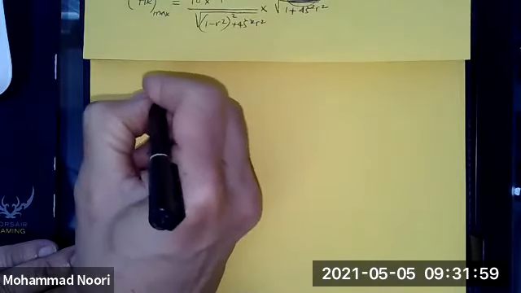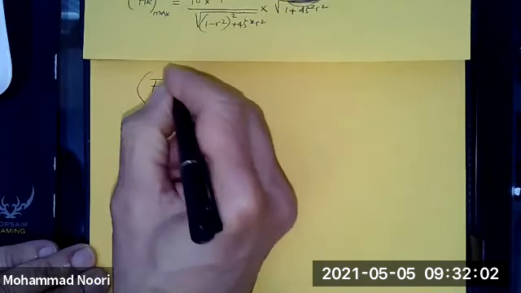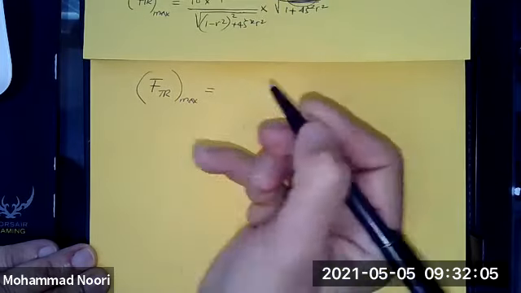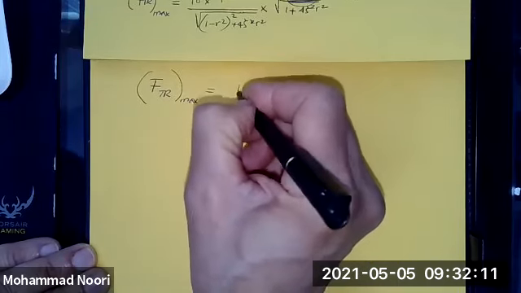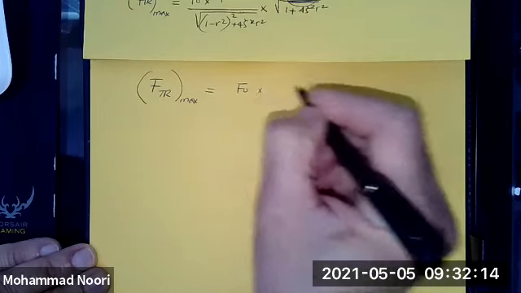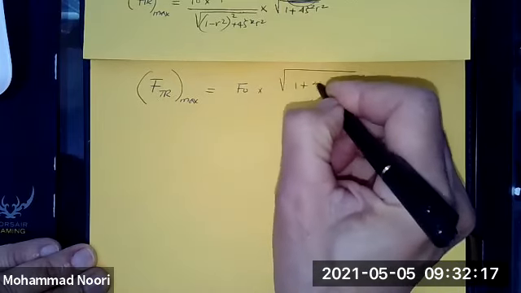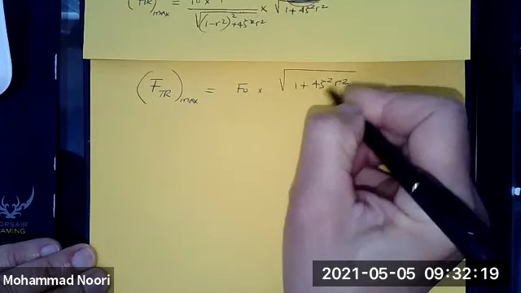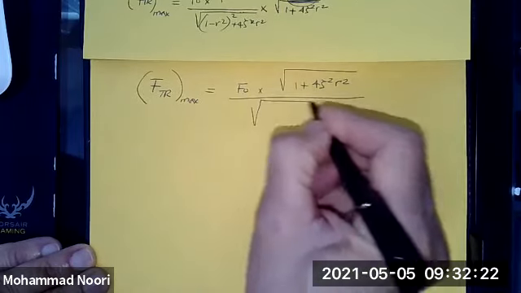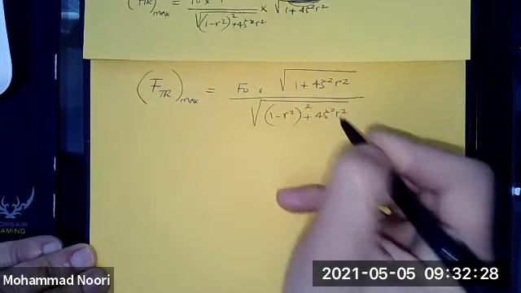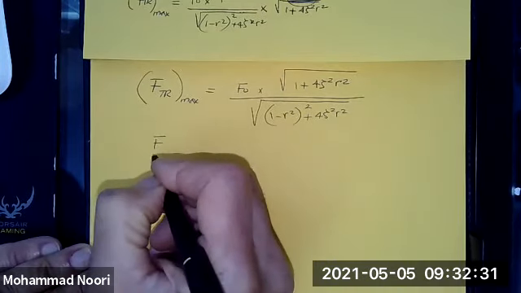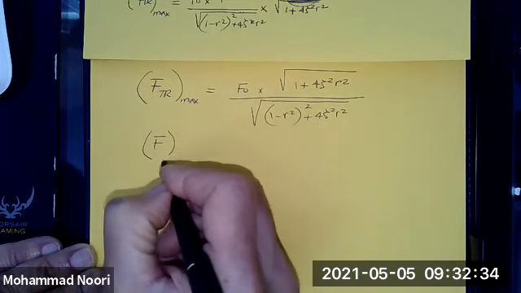So from these derivations, you can see that the maximum force transmitted becomes F naught times 1 plus 4 zeta squared r squared divided by 1 minus r squared plus 4 zeta squared r squared. So what was the maximum force input?